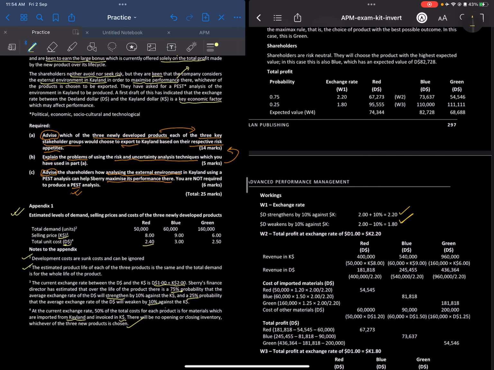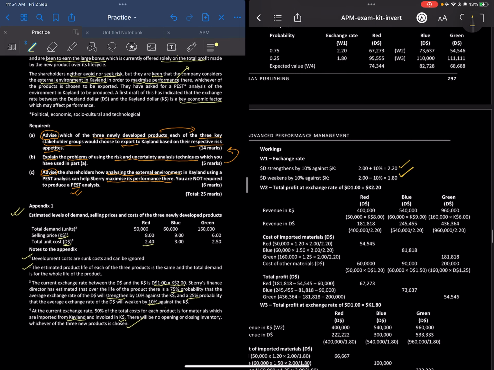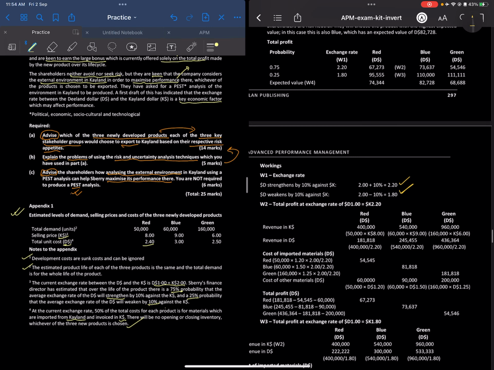So 2 minus 10%, which is 0.2, and then 2 minus 0.2 will be 1.8. And then for the total profit, we have our exchange rate. There is a 75% probability that it will be 2.2, and 25% that it will be 1.8.